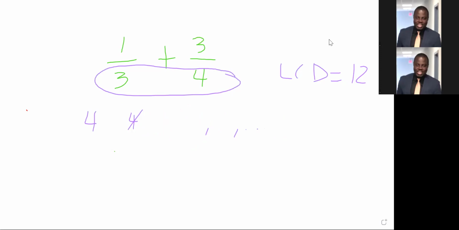And then now I'm going to go to the problem. If you remember what we did with common denominators, if we are able to get a common denominator for these two fractions, and that common denominator is going to be 12, then it's going to be easy for us to solve this problem because we are going to add the top.